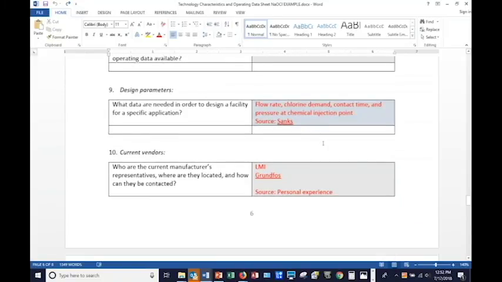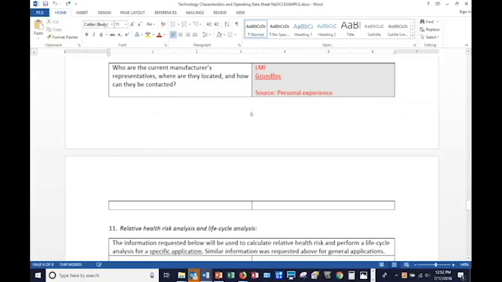And those I got out of an engineering textbook. And so some of you folks that have been around for a while will know what SANCS is in terms of an engineering text. And then listed some of the current vendors of sodium hypochlorite disinfection. So LMI and Grundfos are the main ones that you'll see out there.